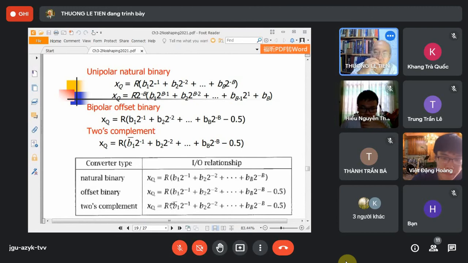That is the relationship between the offset and two's complement codes. When you know the offset code, it is very easy to convert to two's complement quickly by taking the complement of the most significant bit.